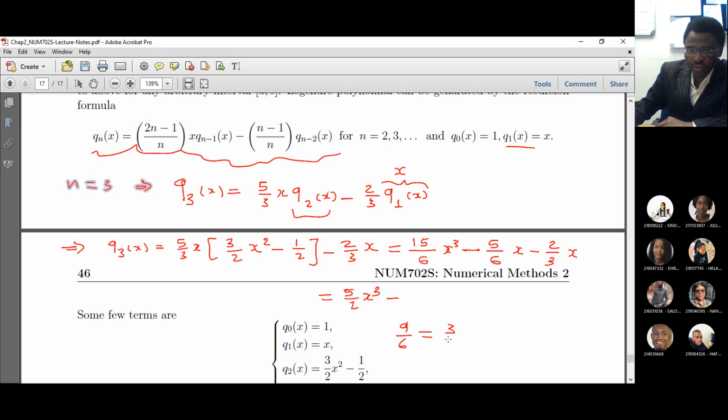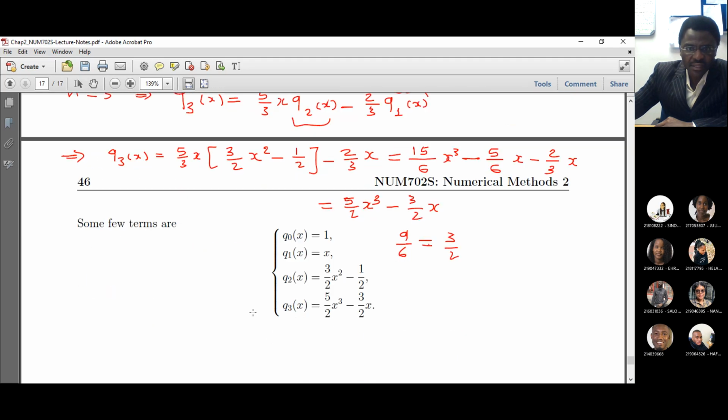So this will be 3 by 2 x, right? Okay, so that will be our, and that's what we have here. See, minus 3 by 2 x. So that's how we compute.